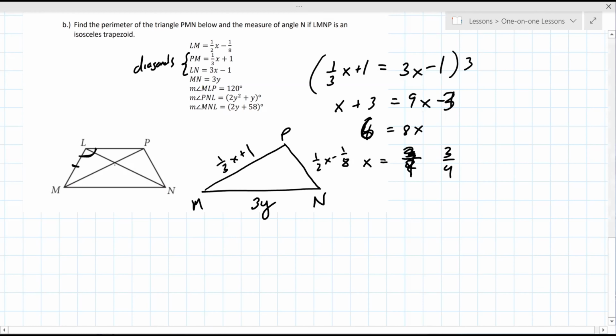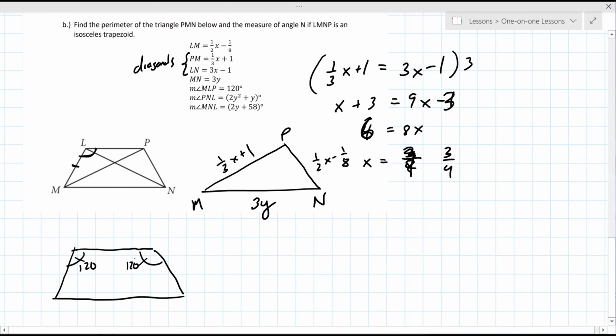M and L. That's not especially useful either. Okay. So because it's isosceles, and I actually probably should draw this without all the other lines in there, this angle is congruent to this angle. So if MLP is 120, that means this is 120 as well.